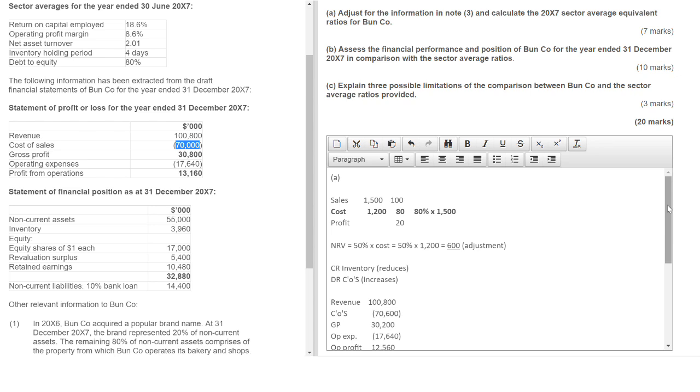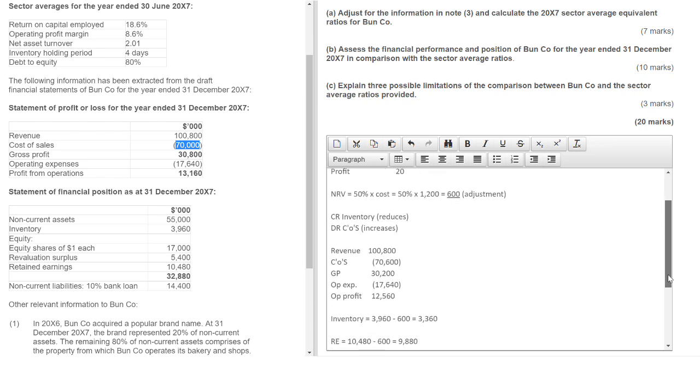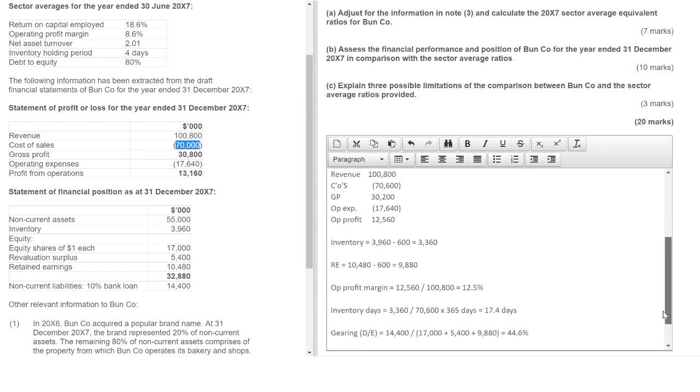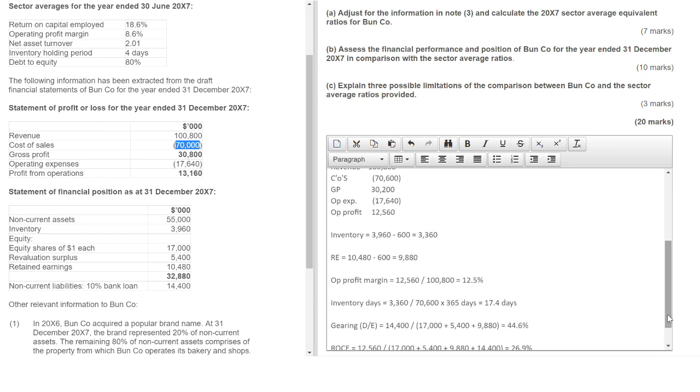Processing that to closing inventory, we need to reduce the inventory by the 600 from the 12 down to the 6, and then increase cost of sales. That increase in our cost of sales had an impact on our gross profit and operating profit, as well as impacting our inventory and then our retained earnings also.